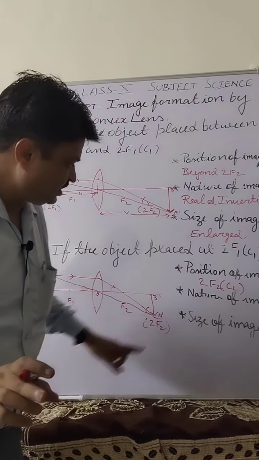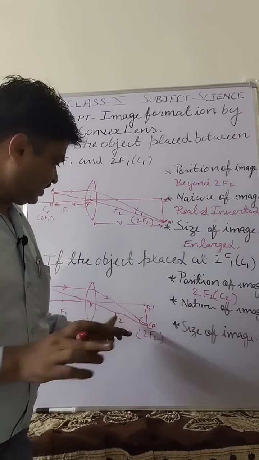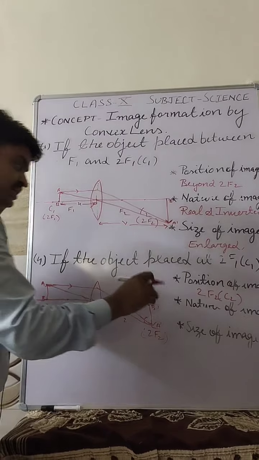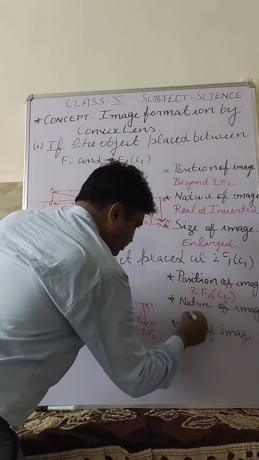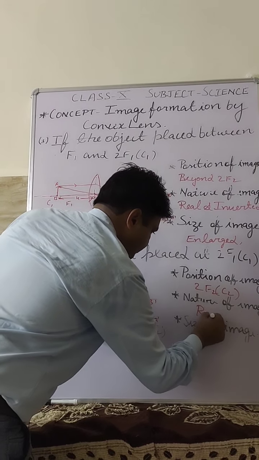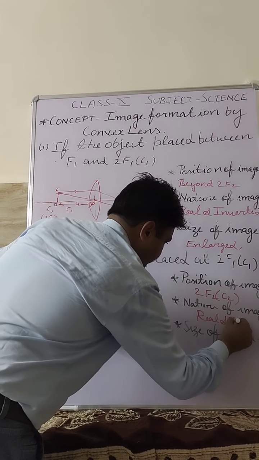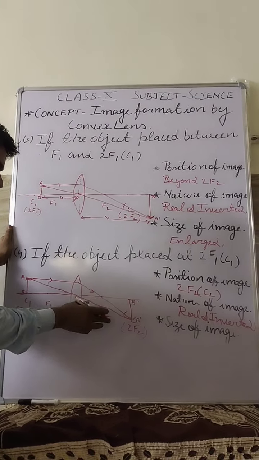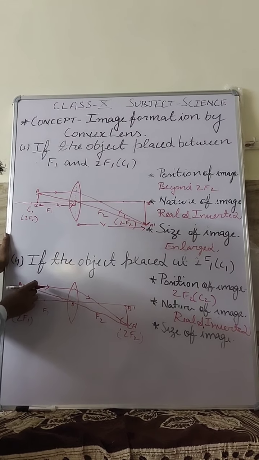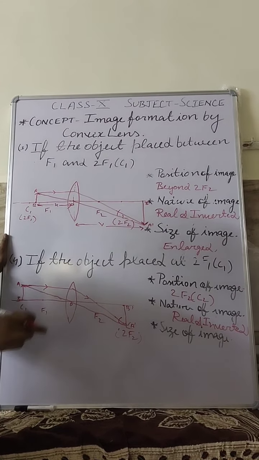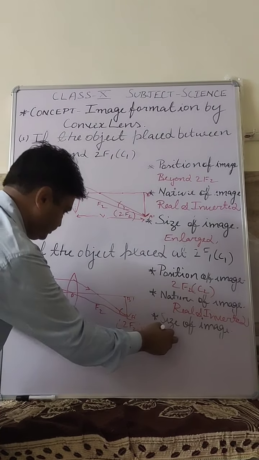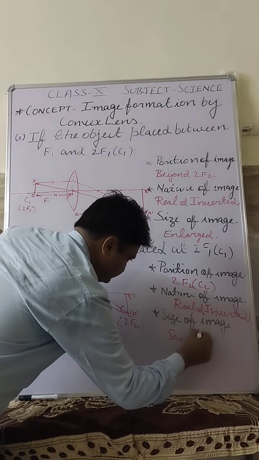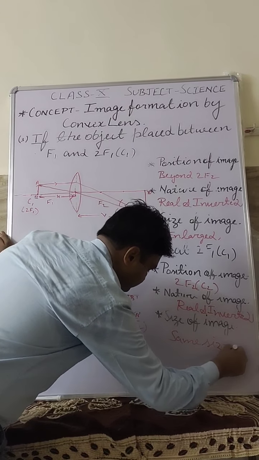Nature of image: again, the image is forming opposite to the incident ray, so you can write here real and inverted. Size of image, you can easily observe, student, same size, means the size of the image is the same here, so you write same size.